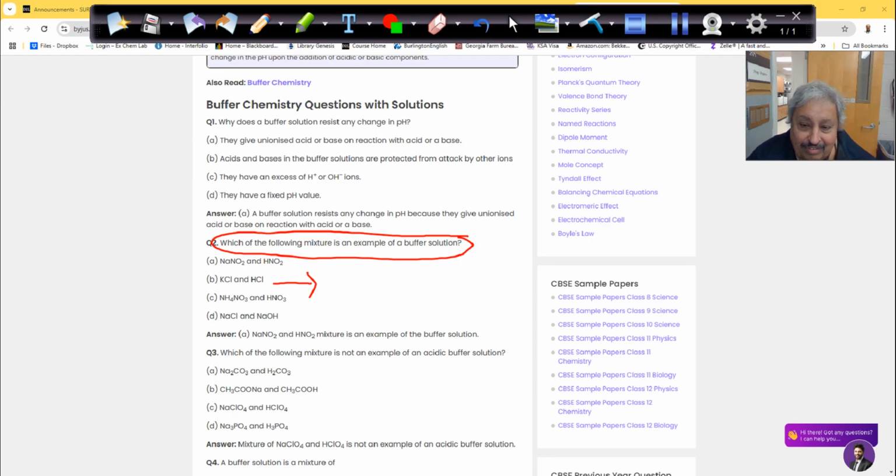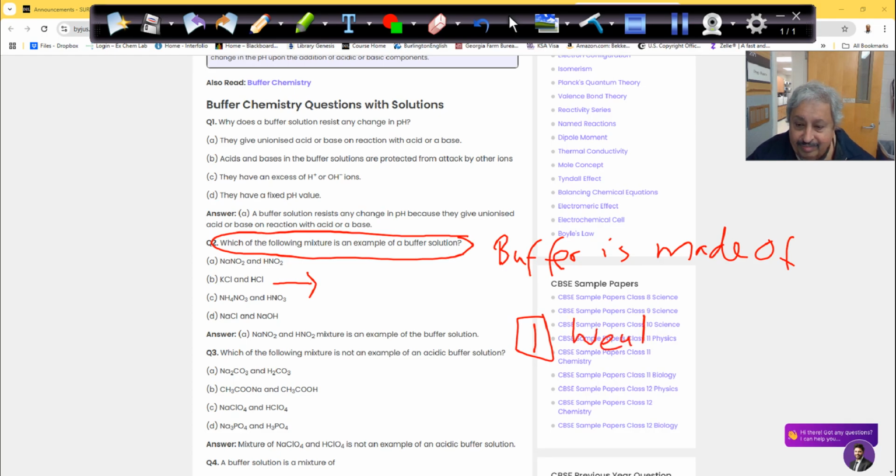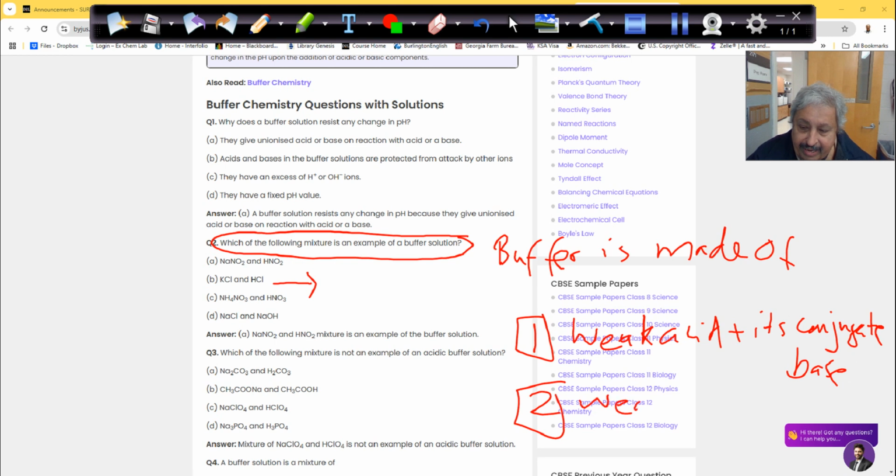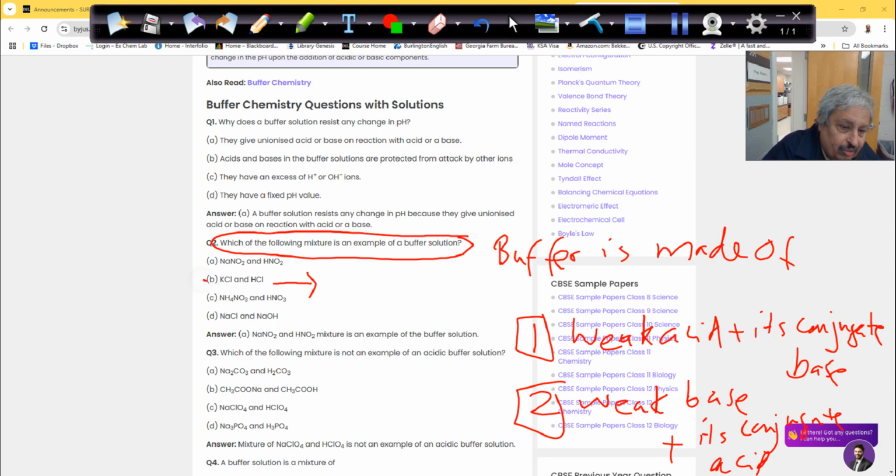So a buffer is made of two possibilities: weak acid plus its conjugate base, or weak base plus its conjugate acid. So this one's strong.